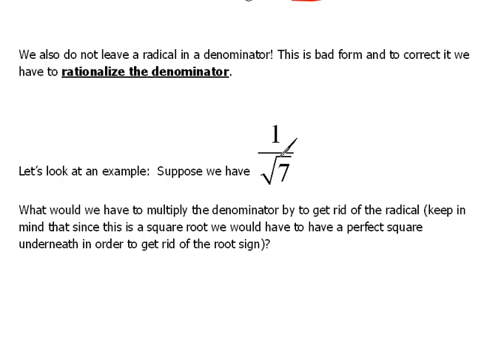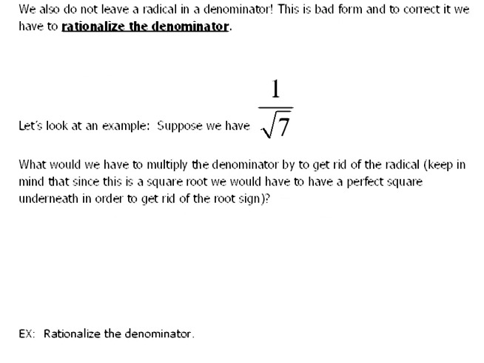In order to make this denominator become a rational number, somehow we need to get rid of all of this mess, the square root of 7. We need to figure out something that we can multiply this by so that the number on bottom is actually rational.